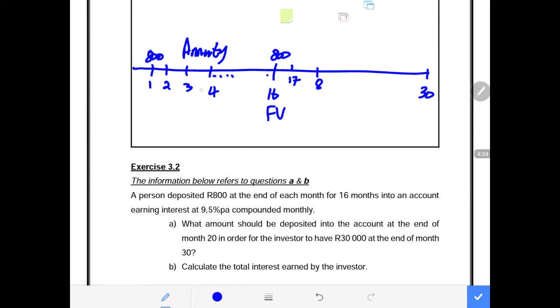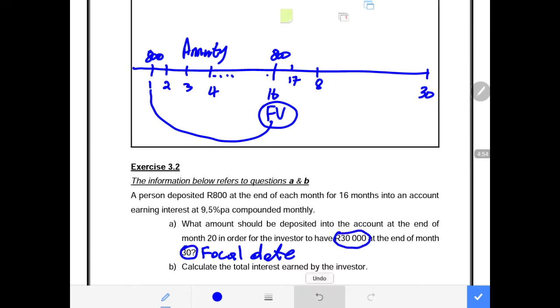So now that we will get to the future value of this 800, we know that this amount will remain in the account up until our focal date. I want to highlight that, because our focal date is month 30. We need to raise 30,000 by the end of month 30.